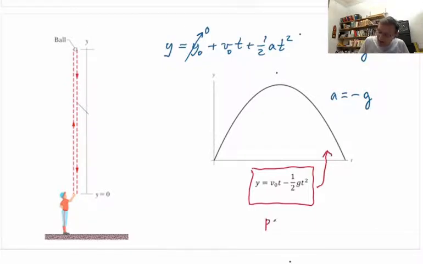In fact, it is a parabola that opens downward. At t equals 0, y equals 0, and at some later time, which if we had enough information we could calculate, it gets back to the release point. Okay? So it's a downward opening parabola. This is y versus t.